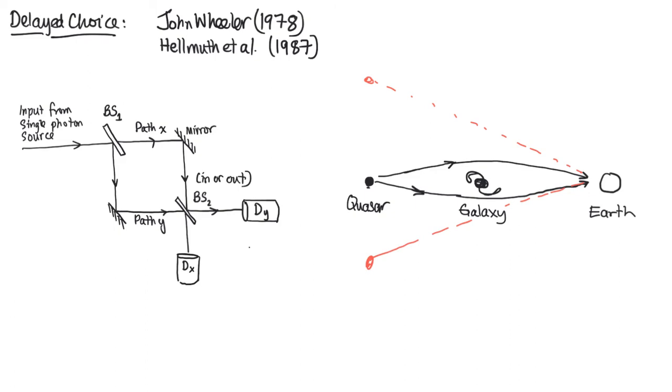Now, importantly, there's nothing in the delayed choice experiment that is in violation of quantum mechanics. So you can do a calculation using quantum mechanics to make a prediction for what you'd see in this beam splitter in-or-out experiment, and your prediction made with quantum mechanics agrees wholeheartedly with experiment. Okay.